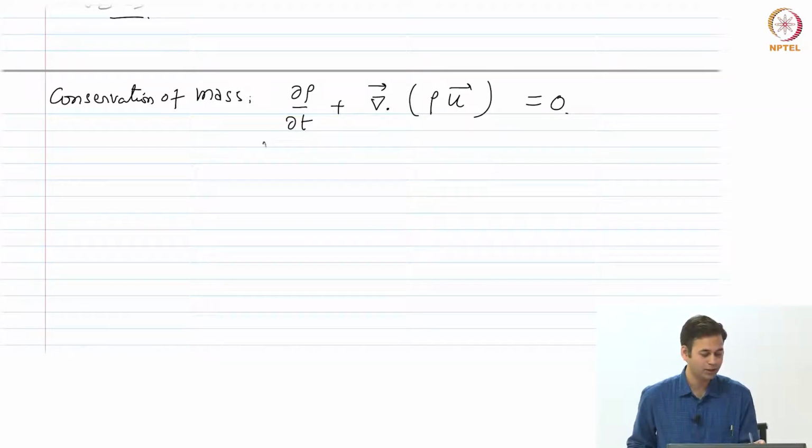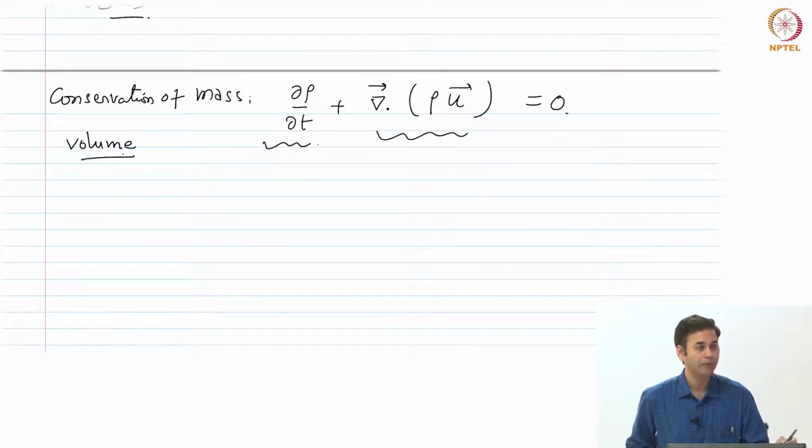We said there is a local change of density, and then we have net flow out of the fluid element that we have considered. These two together constitute 0, because the mass is conserved in this flow. Now, remember, this equation is developed per unit mass or per unit volume? This is developed per unit volume, right. So we would be developing the momentum and the energy equations as well on a unit volume basis.